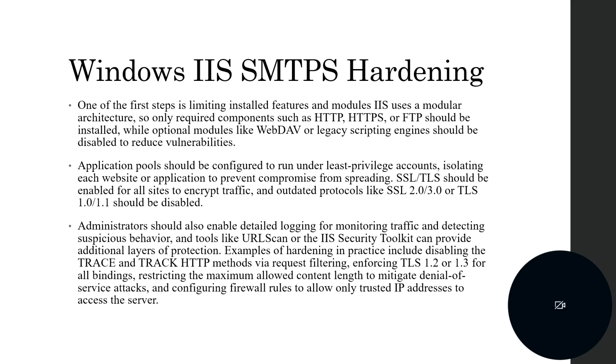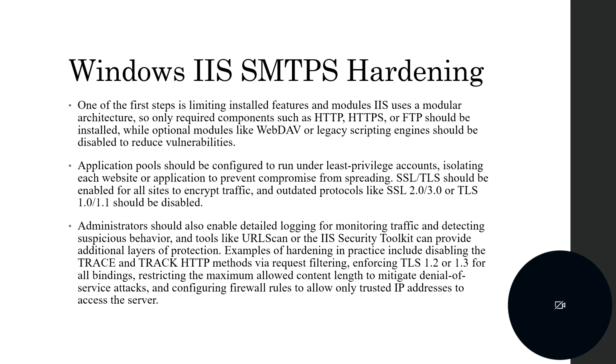Application pools should be configured to run under least privilege accounts, isolating each website or application to prevent compromise from spreading. SSL should be enabled for all sites to encrypt traffic, and outdated protocols like SSL 2.0 or 3.0 or TLS 1.0 or 1.1 should be disabled.